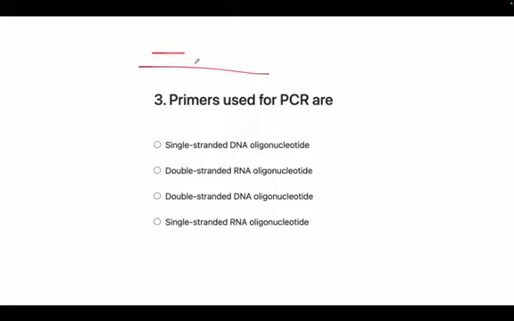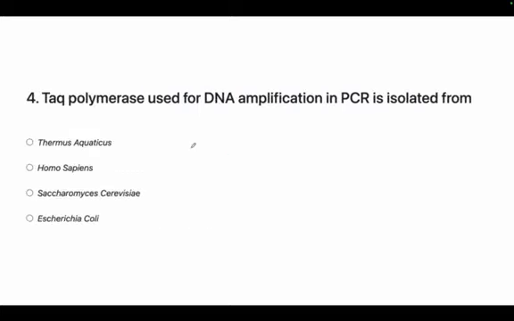In PCR, we use a single polymerase, and for that reason, we use a single-stranded DNA oligonucleotide. Taq polymerase used for DNA amplification in PCR is isolated from dash. Taq, it's there in the name itself. This comes from Thermus aquaticus.